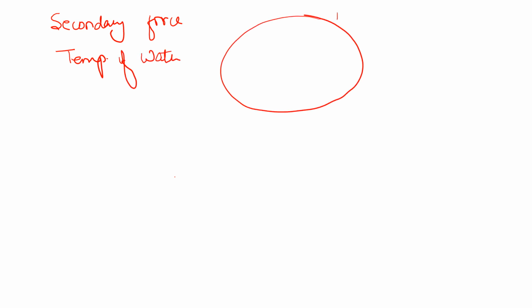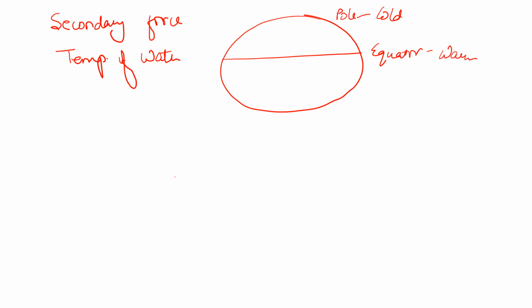Next secondary force responsible for formation of current is the temperature of water. At the pole, the water is cold. At the equator, the water is warm.